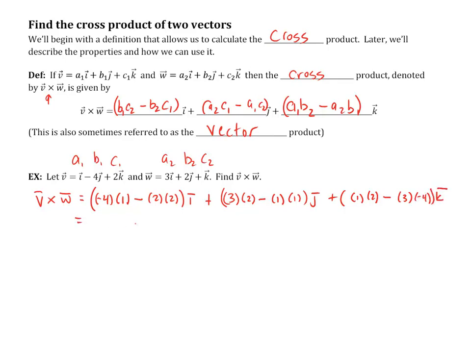All right, so this becomes -4 minus 4, which is -8i, plus 6 minus 1, which is 5j, plus 2 plus 12, which is 14k.